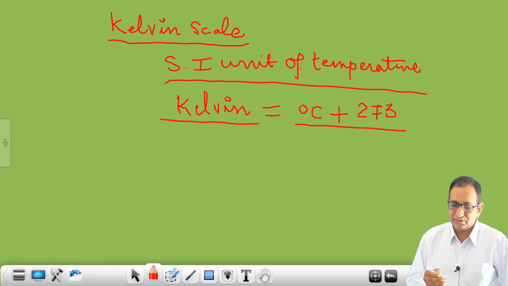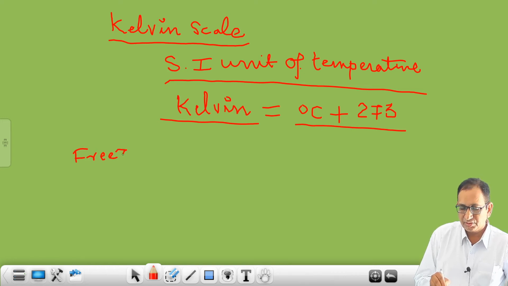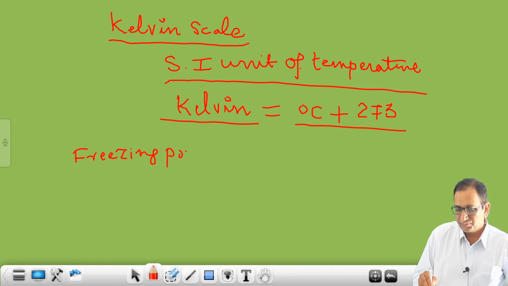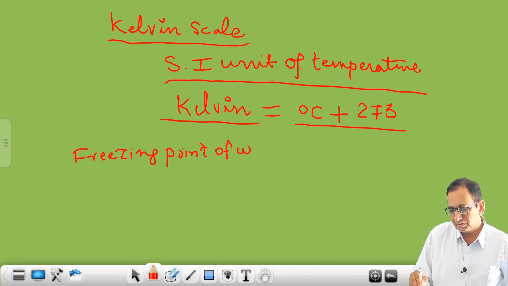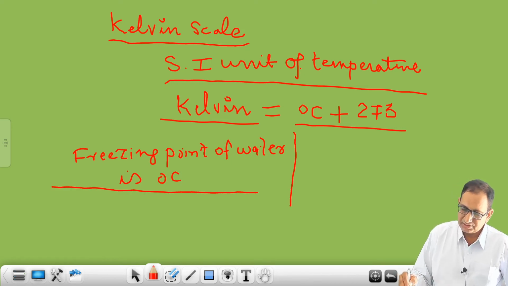For example, students, suppose I say that the freezing point of water is 0 degree Celsius. So here I said it in Celsius scale.